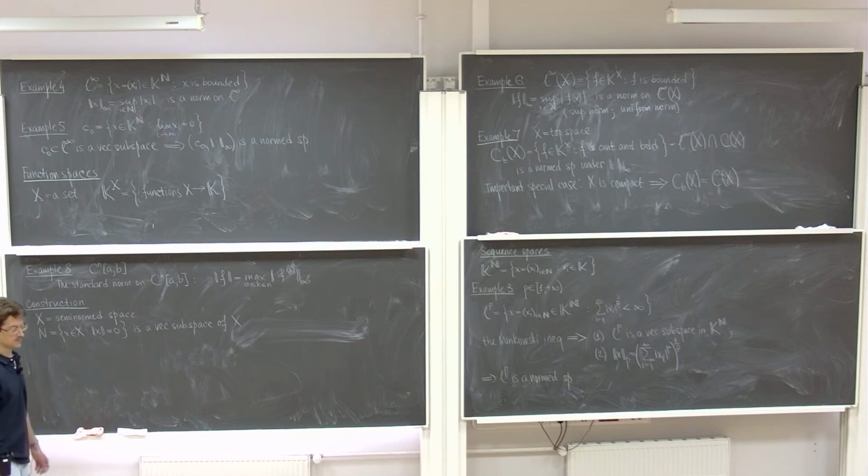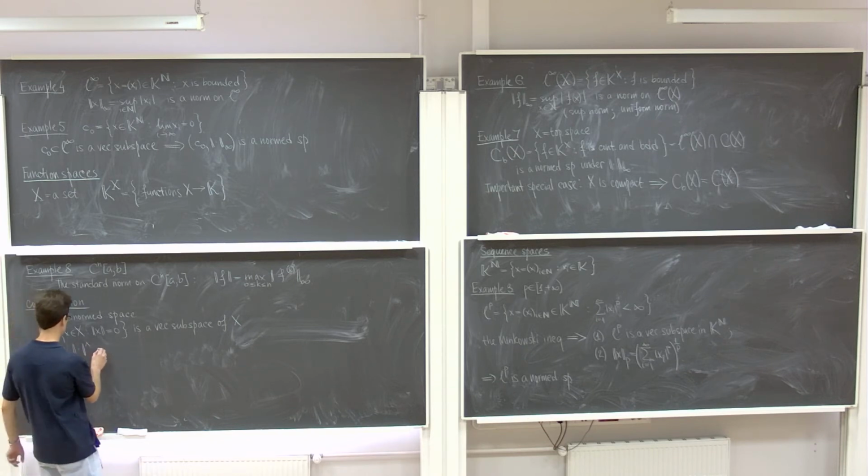So we can consider the quotient of X modulo N. And it turns out that we can easily define a norm on this quotient as follows. To distinguish between this new norm and the semi-norm, I'll put a hat here.